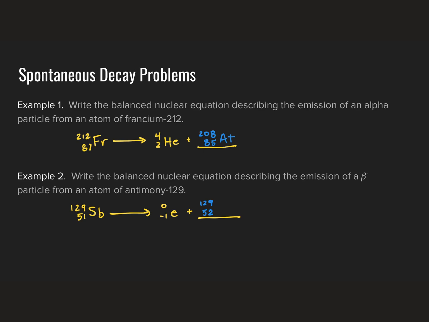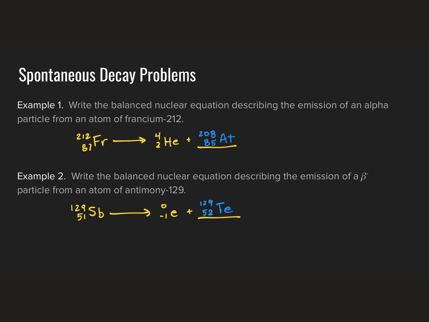And that implies, therefore, the new daughter nuclide here has an atomic number of 52, which makes this now an atom of tellurium.